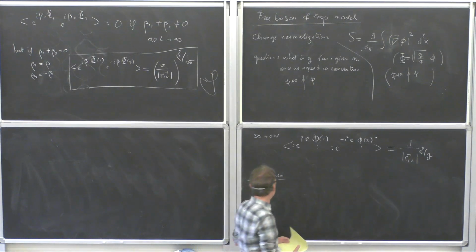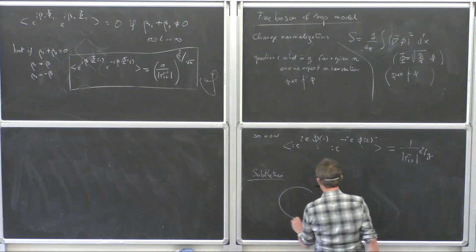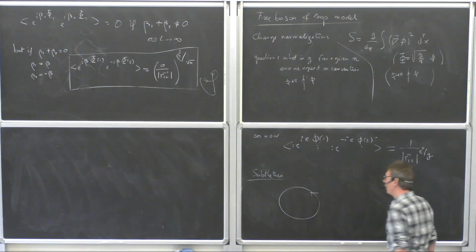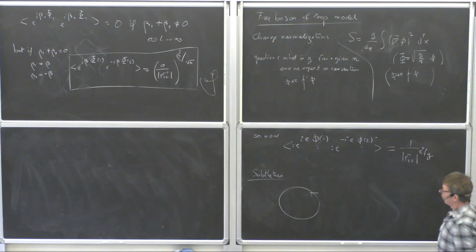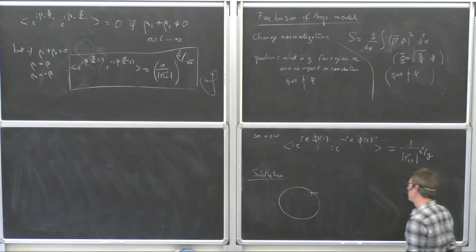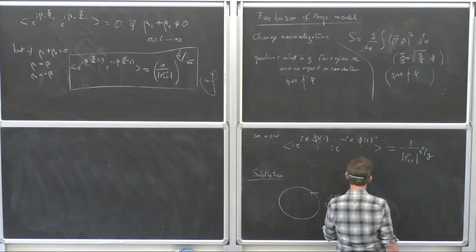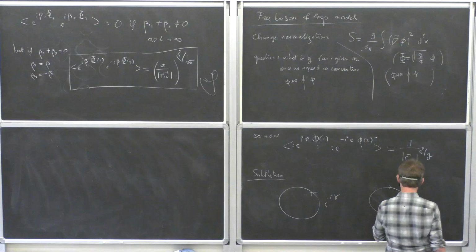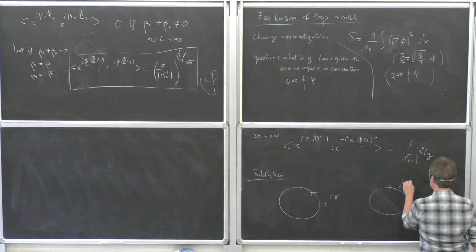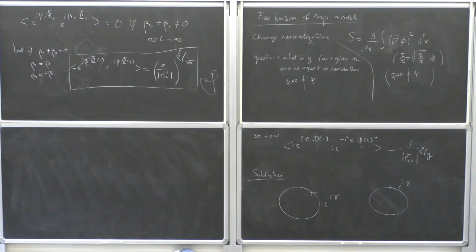Well, let's remember that we decided to give loops going counterclockwise a weight e to the minus i gamma, and to loops going clockwise the weight e to the i gamma, right? This has been our convention.